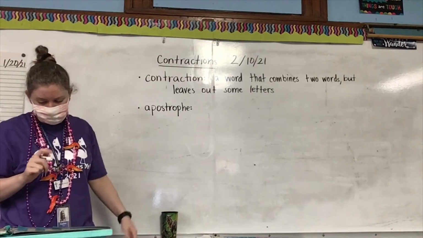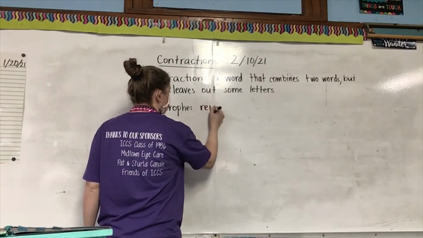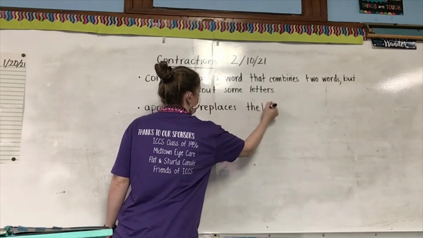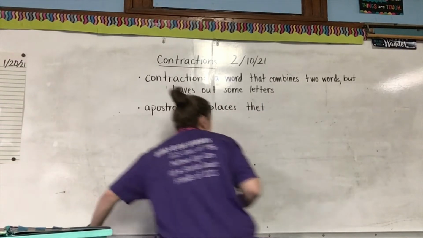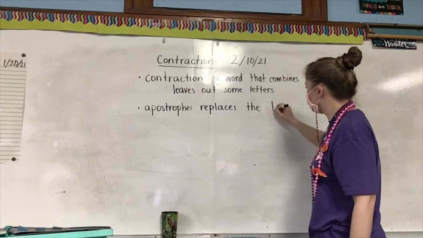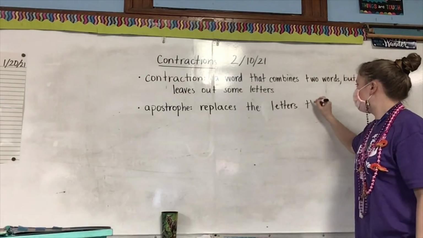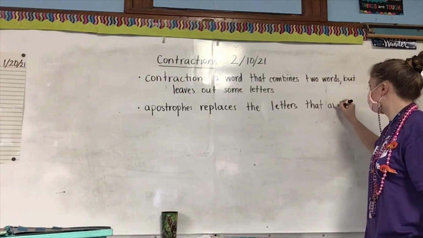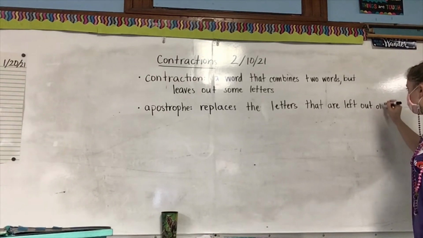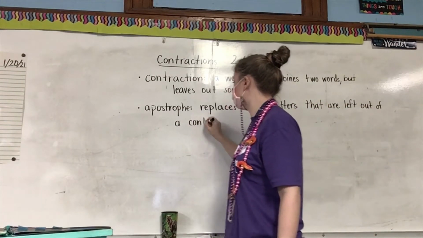In contractions, an apostrophe replaces the letters that are left out of a contraction.